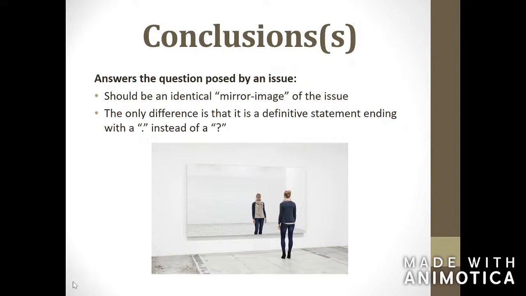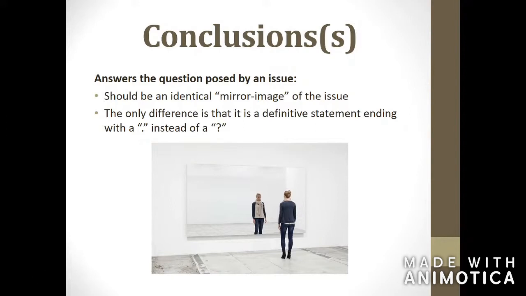And it's literally a mirror image of the issue. So your conclusion and issue should read the same way. The only difference is that a conclusion is a definitive statement. It's not a question. So we wouldn't start with whether. We would just start with whatever is behind whether, for lack of a better way of describing it. And it's going to end with a period instead of a question mark.